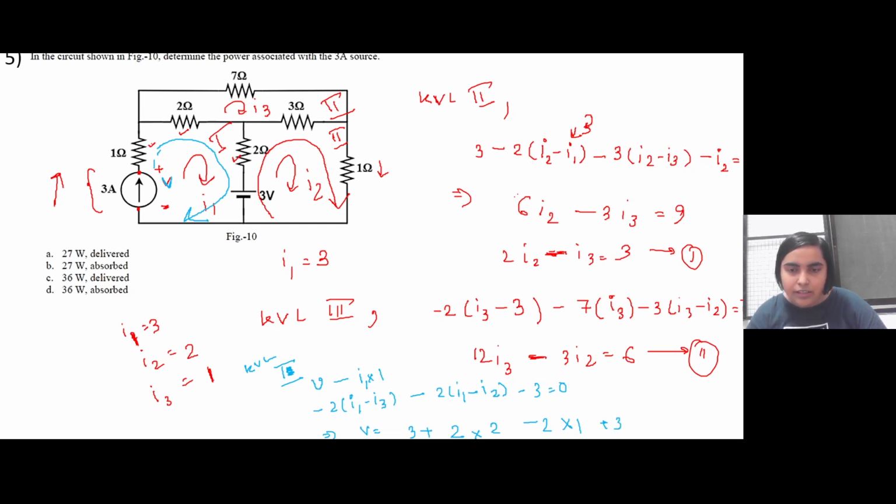Excuse me, ma'am. Yes. Ma'am, why are we putting 3 as minus 3? Which one? The last one, so minus 3. Yes, ma'am. The thing is, I am assuming that if we are entering through the negative terminal, we are putting a positive. See, the notation of the voltage should be uniform.